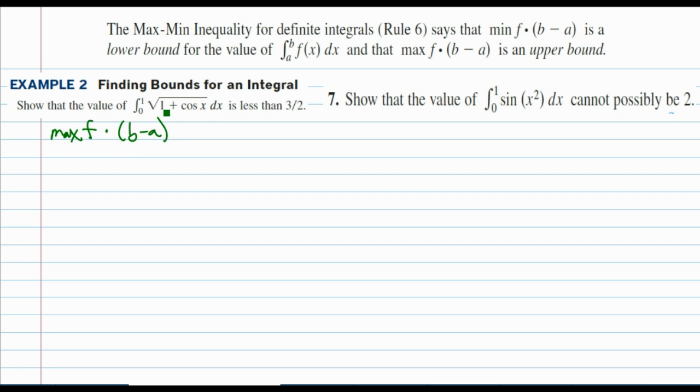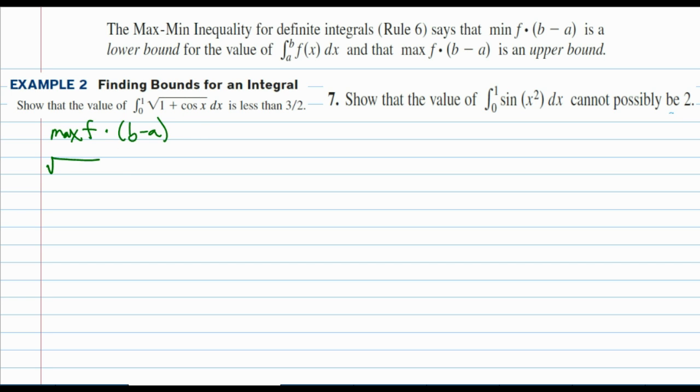Well, the maximum of f is the square root of 1 plus cosine of x. The highest value the square root of 1 plus cosine of x is going to get to is when cosine is at its largest value. It doesn't even matter what x is, because cosine fluctuates between -1 and 1, so we want cosine to be 1.